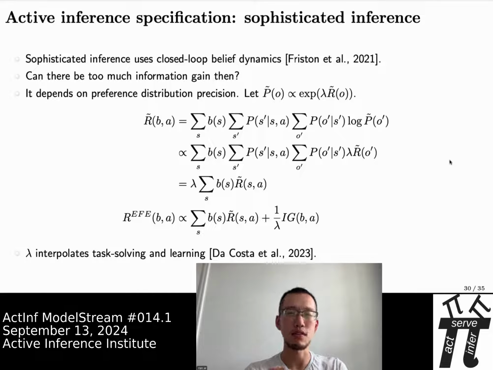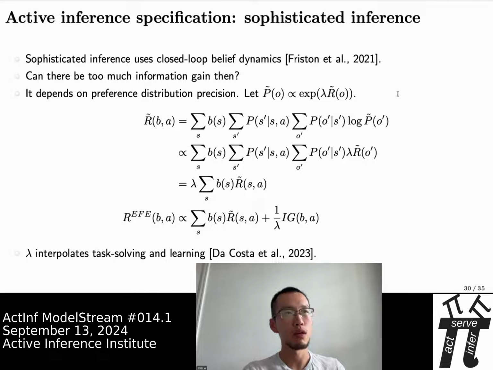I think there's a sentence somewhere in the paper that says that the difference between sophisticated inference and vanilla active inference is that the agent would plan not for future states, but for future beliefs. So if that's the case, then it's essentially using the same belief transition dynamics as the Bayes optimal belief MDP.